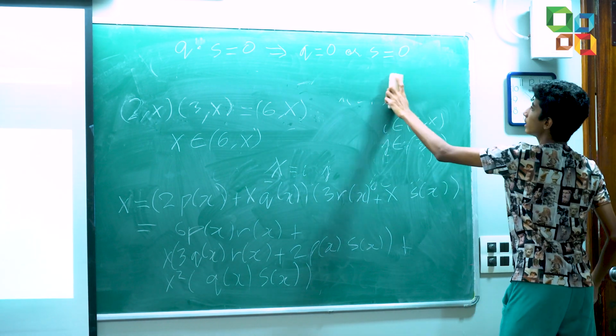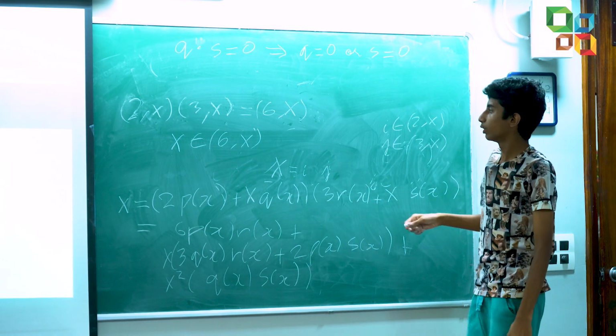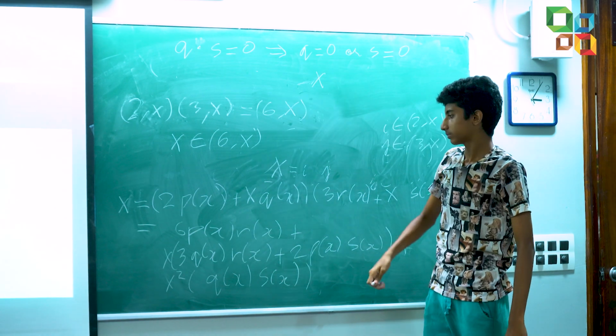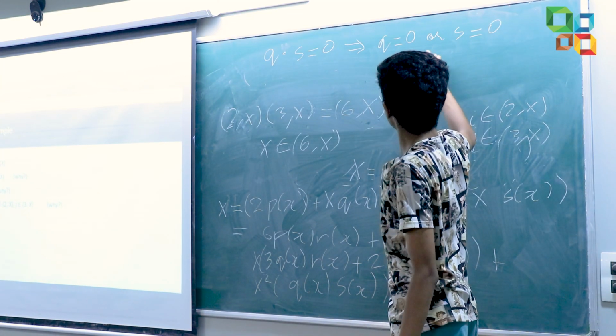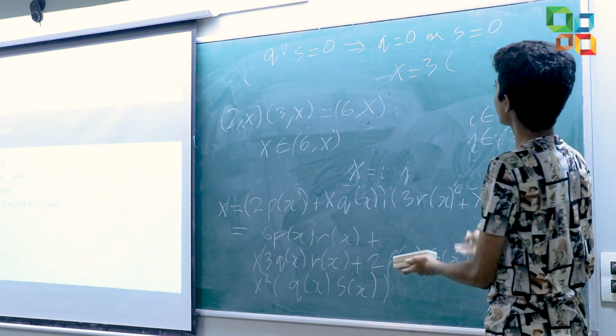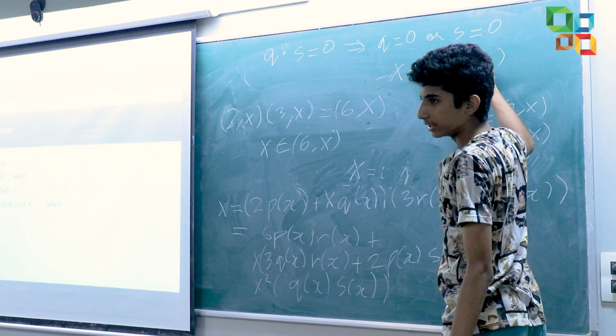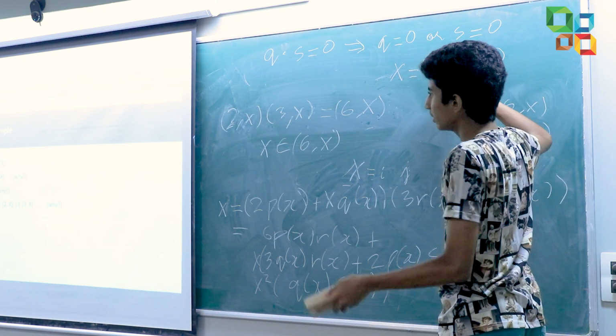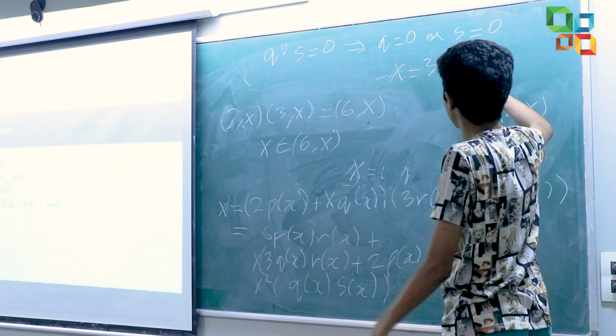Similarly, if you take s is equal to 0, you will get some 3 into something. Again, this is a contradiction, right? You can think of it like this. Whatever you get inside here is a polynomial with integer coefficients.